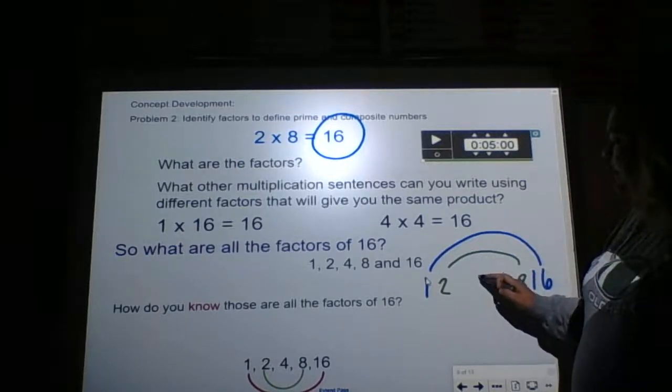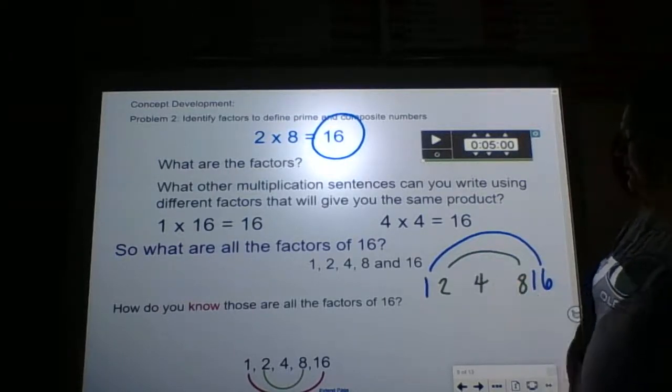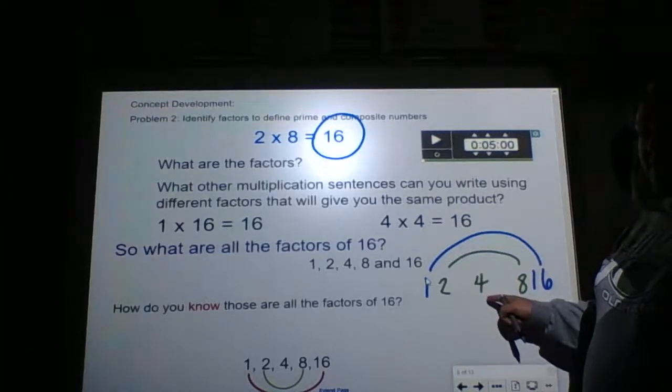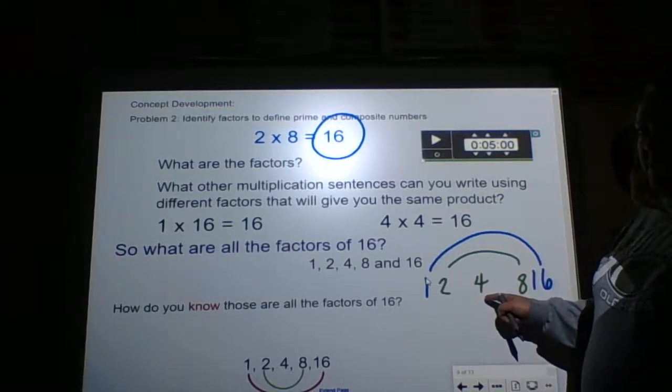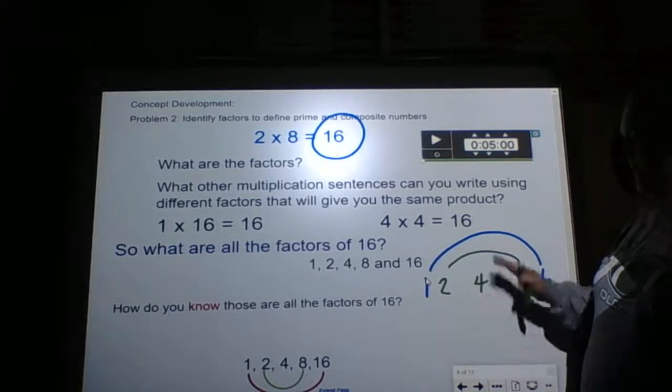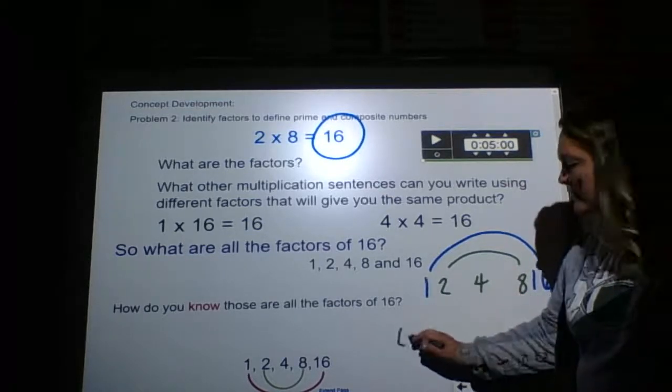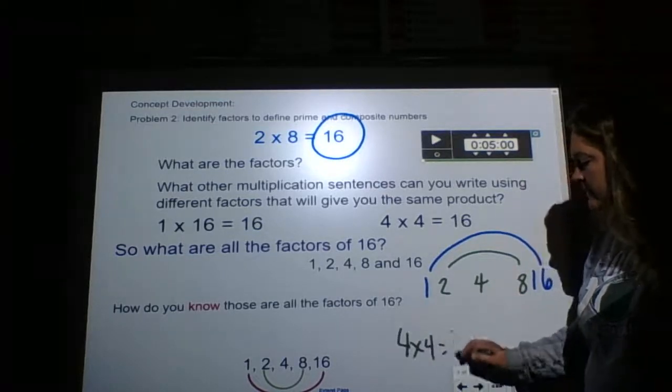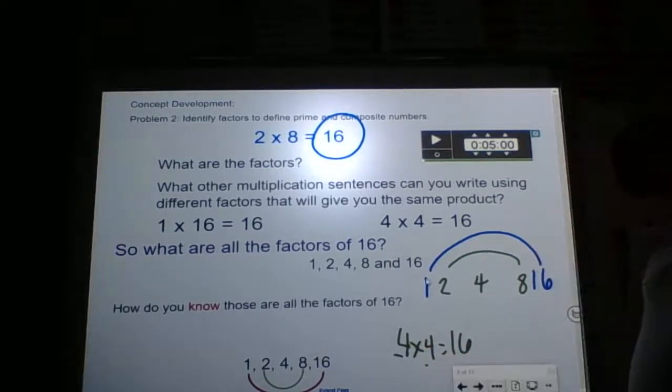Anytime I hit a number, though, when it multiplies by itself, it can just go right in the middle by itself, and I know I'm finished. Because 4 times 4 is 16, I'm finished. Anytime you hit a double number, 4 times 4 equals 16, that number times itself goes in the middle of your rainbow, and you're done. You're finished if that's a factor.